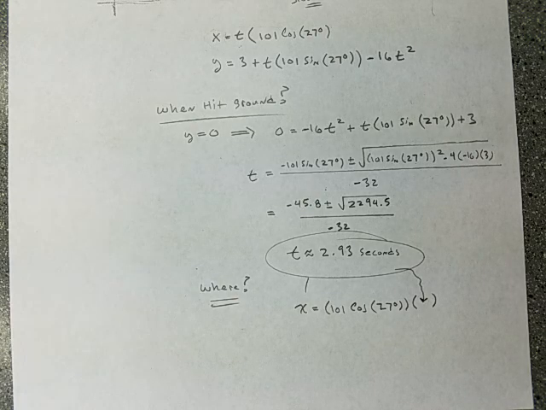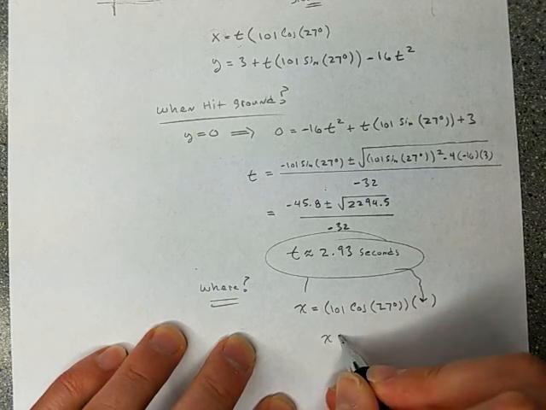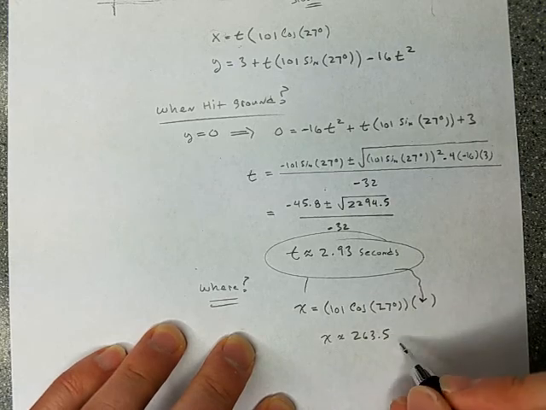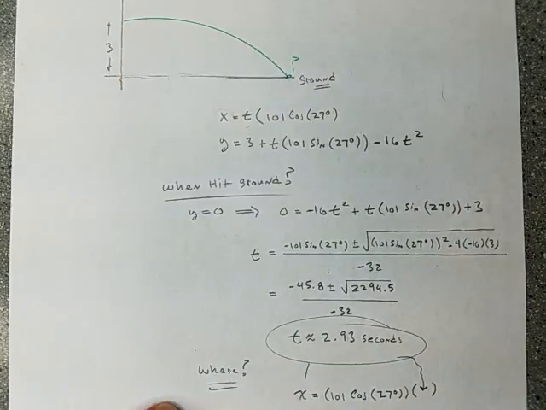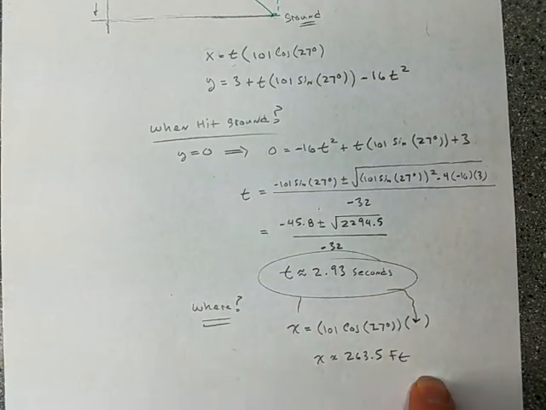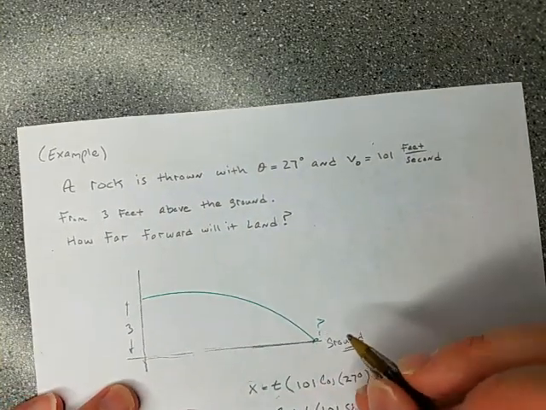And then I get 263.5 feet. So x will be about 263.5 feet. Feet are our units for distance. So first I find the when, and then I can find horizontally the where, as far as where it hits the ground.